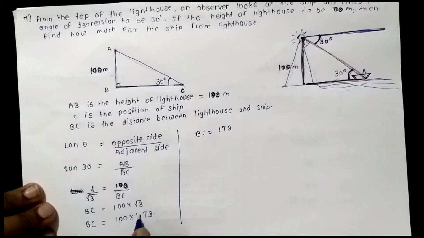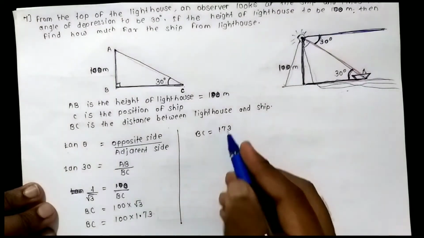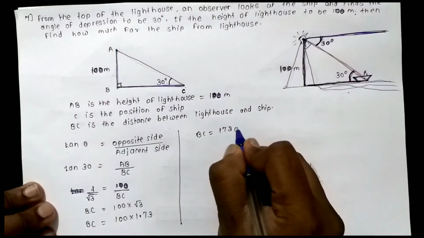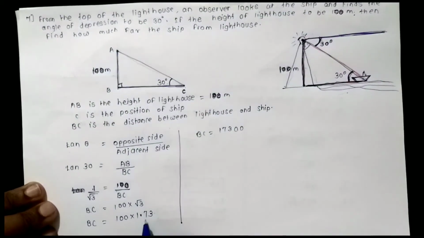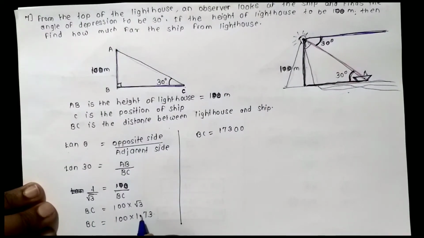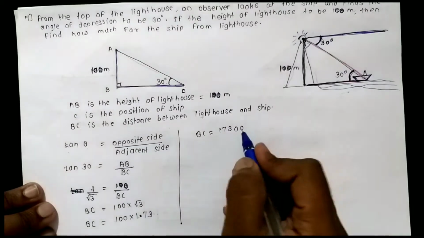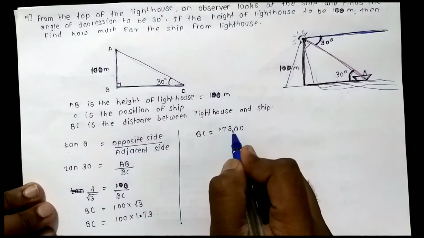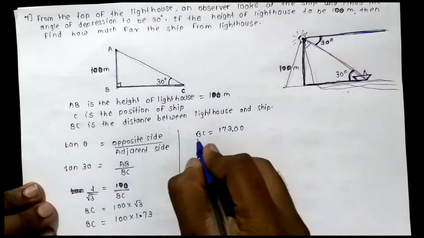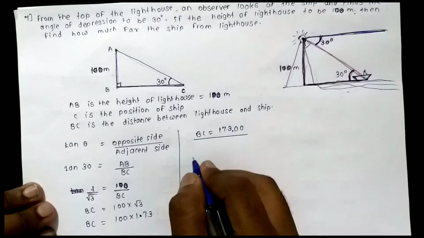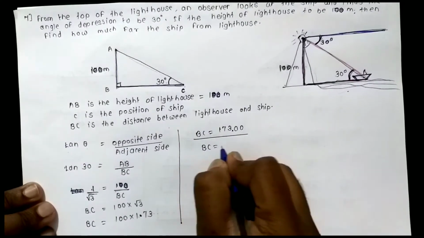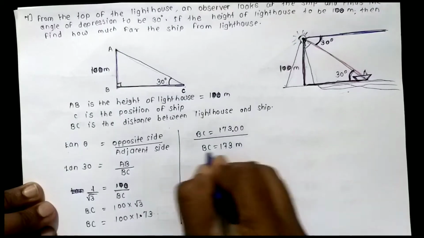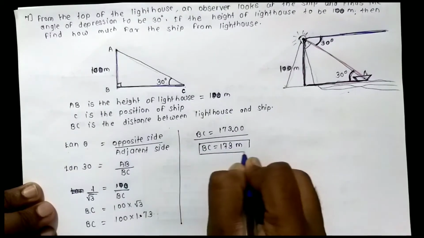So 173 as it is, 1s are 173, 2 zeros as it is. Now I put 2 points from the right hand side: 1, 2. So BC is 173.00, means BC is equal to 173 meter.